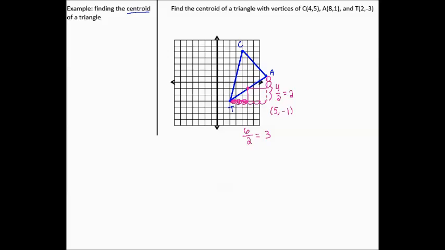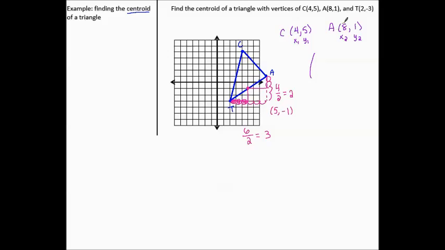Now, let's get the midpoint from C to A, this time using the midpoint formula. So I have C (4, 5) and A (8, 1). So I take my x1, y1, my x2, y2, and I plug it into my midpoint formula.